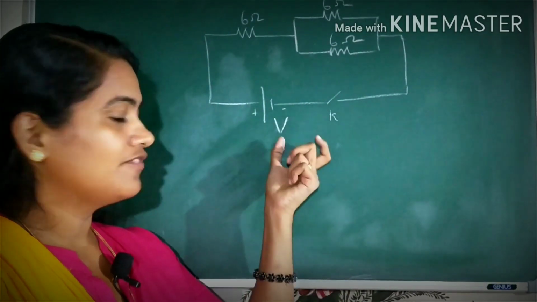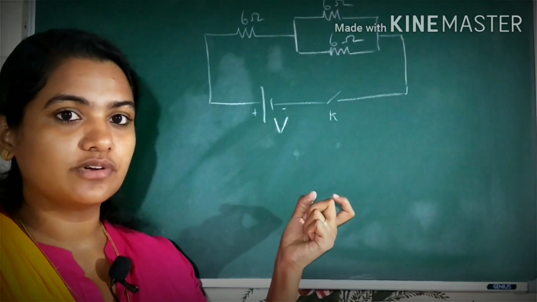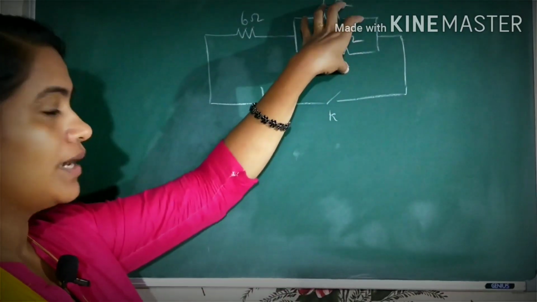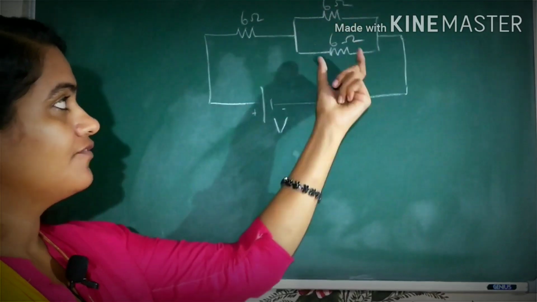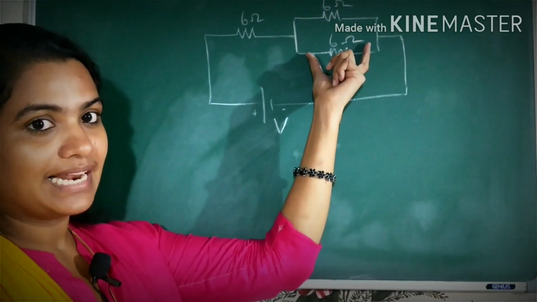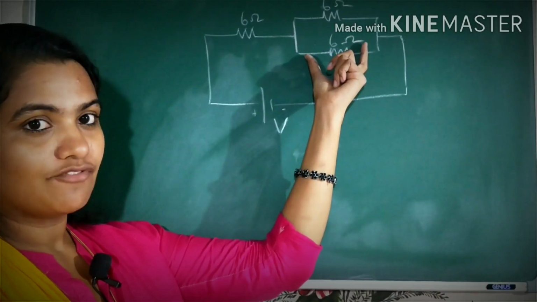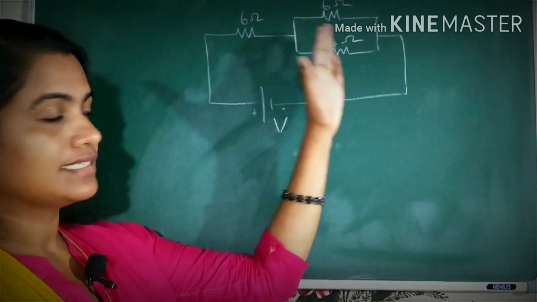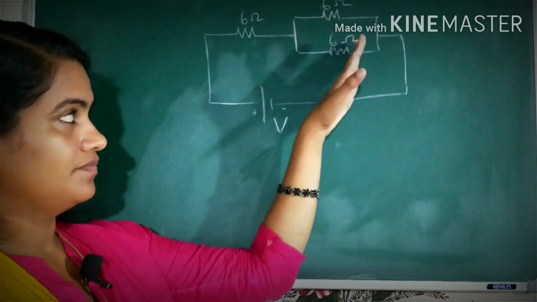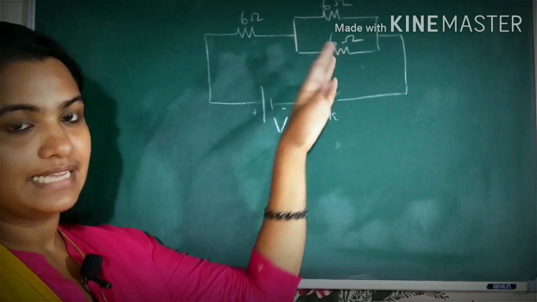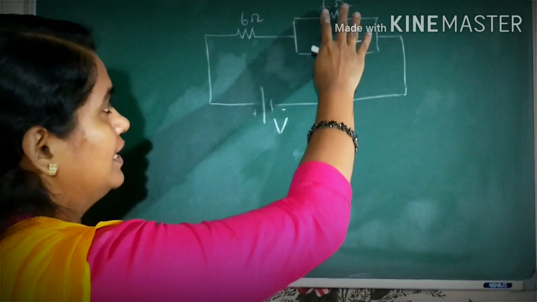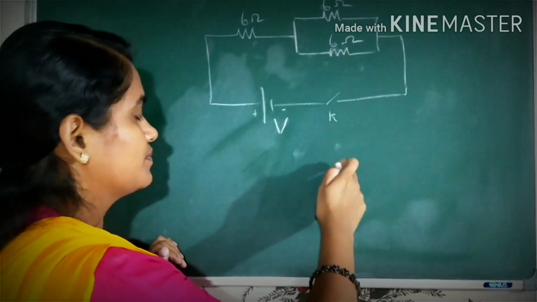So how will we find the effective resistance of this circuit? First of all, take this part and find the effective resistance of this parallel connection, and then find the total resistance of those two in series.